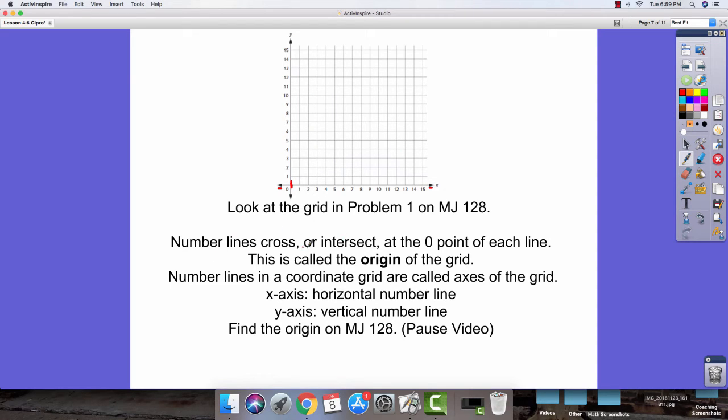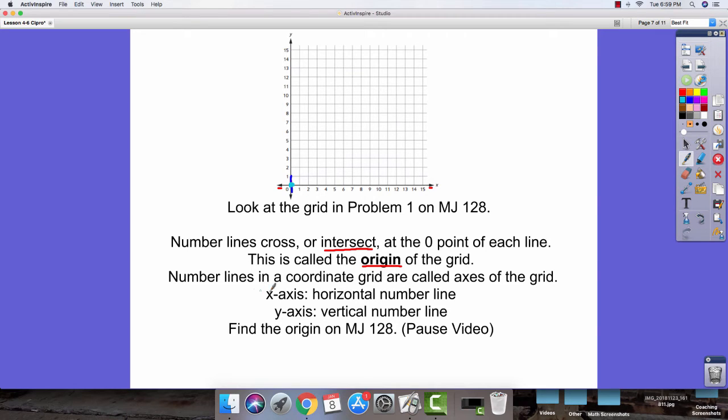The number lines cross or intersect at the 0 point of each line. This is called the origin of the grid. So what I mean by that is the number lines cross or intersect at the 0, right here. See that? And that is my origin.